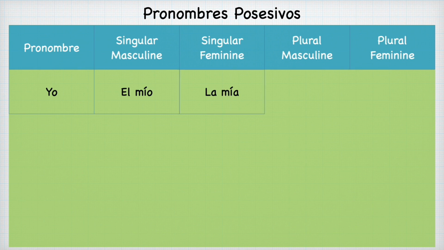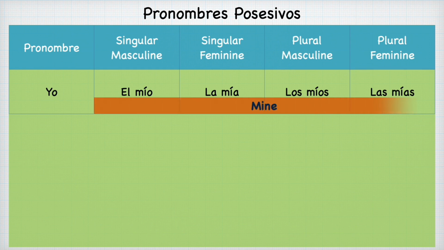For singular feminine nouns, we're going to use la mía. And in plural, we'll use los míos for masculine plural nouns. And for feminine plural nouns, we'll use las mías. These 4 words in Spanish all mean mine in English.